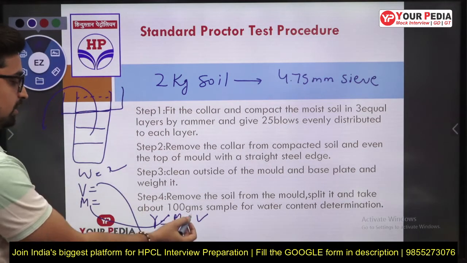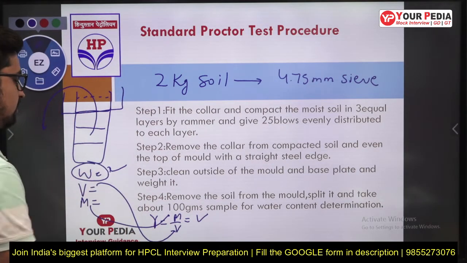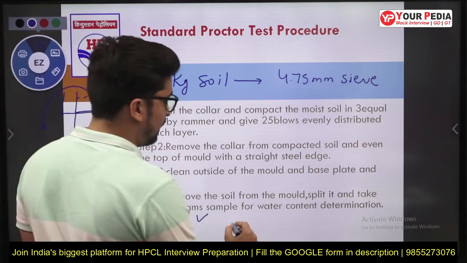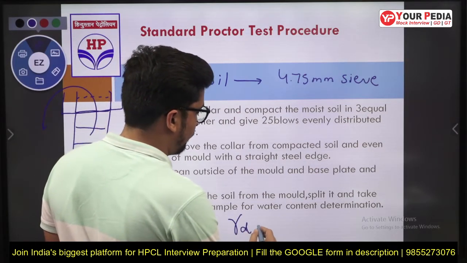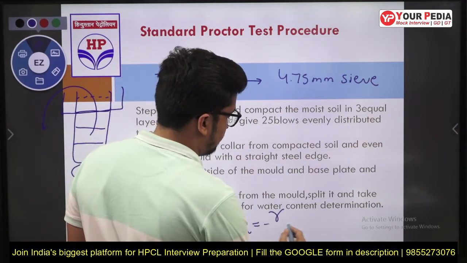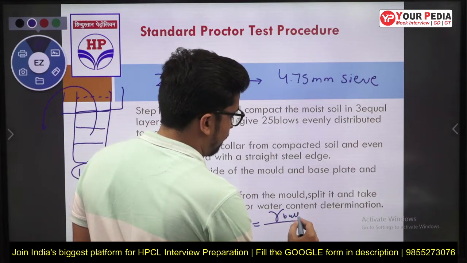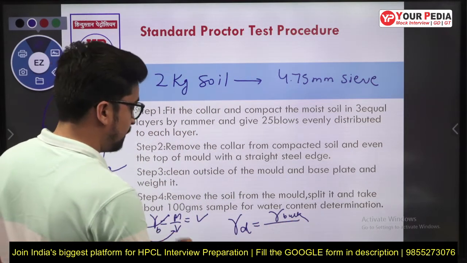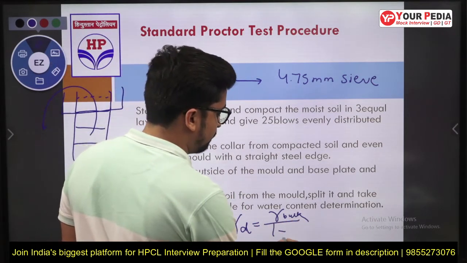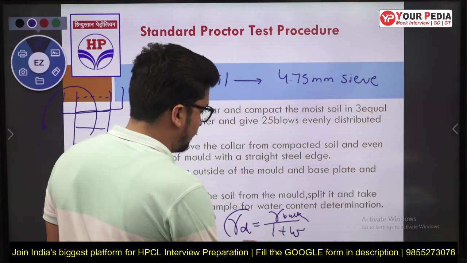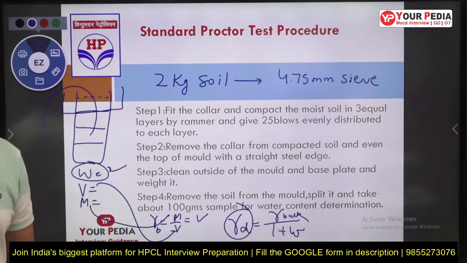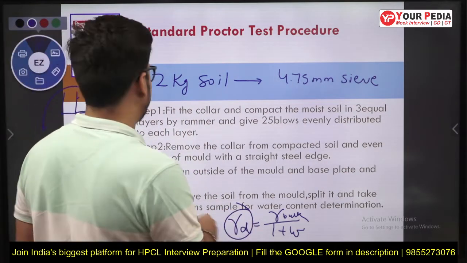After step 4, we also know the water content of the soil sample. So ultimately we find the dry density of the sample, which is the bulk density divided by 1 plus water content. So now we know the dry density of the soil sample.